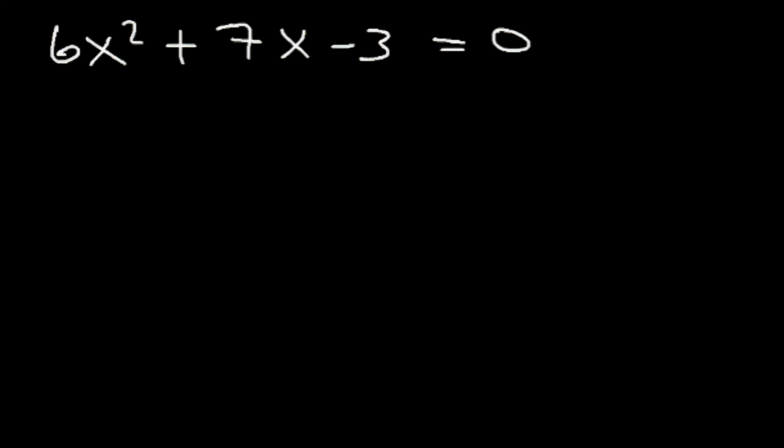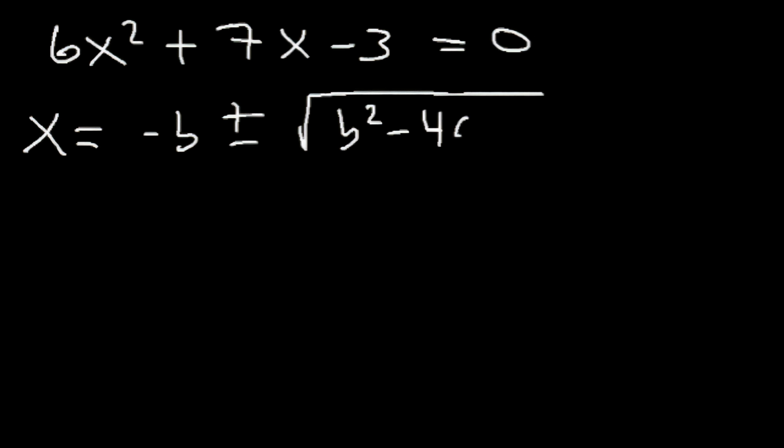So now let's use the quadratic equation to get the same answer. So x is equal to negative b plus or minus square root b squared minus 4ac over 2a.